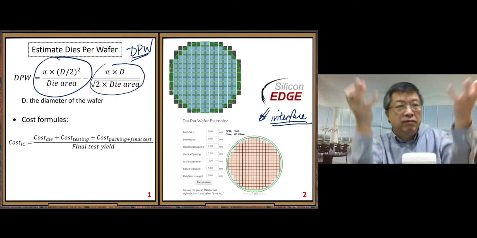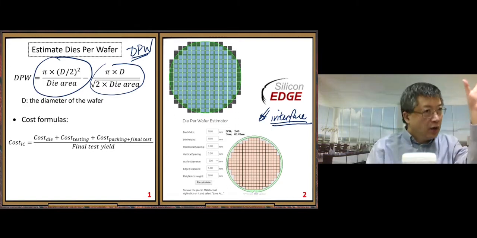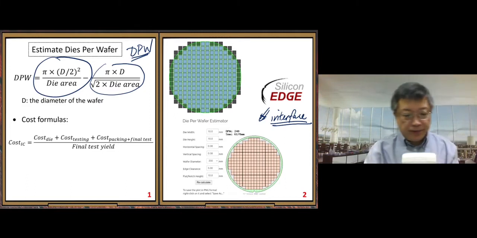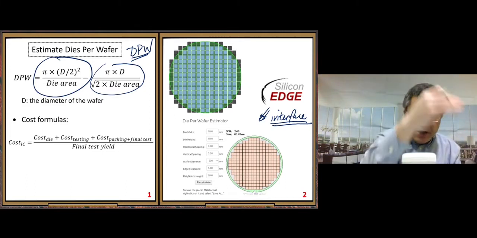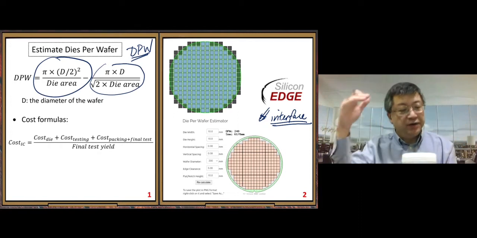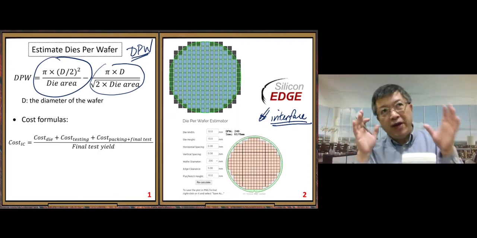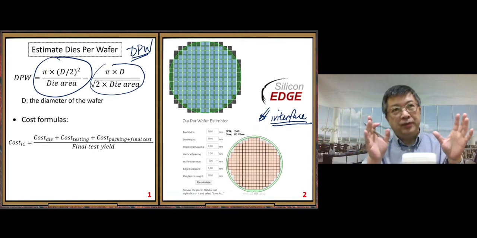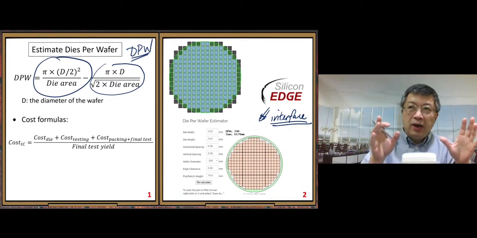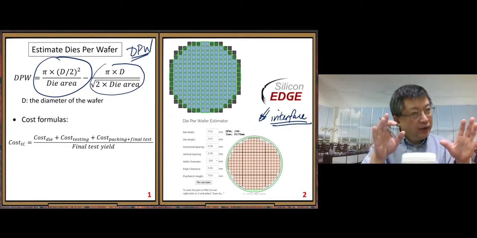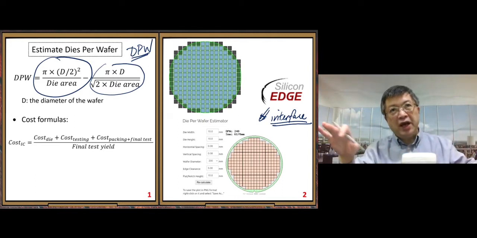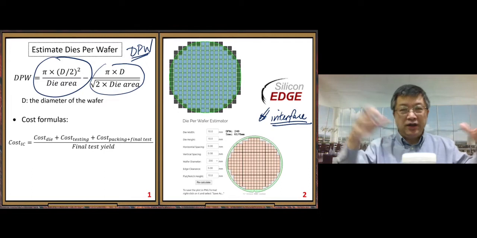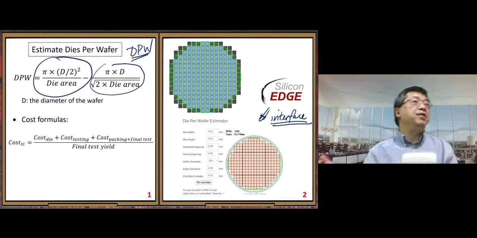That step has a cost. Then the third term, cost of packaging plus final test, the last step. After all the good dies pass the initial testing, we do packaging, and packaging has a cost.